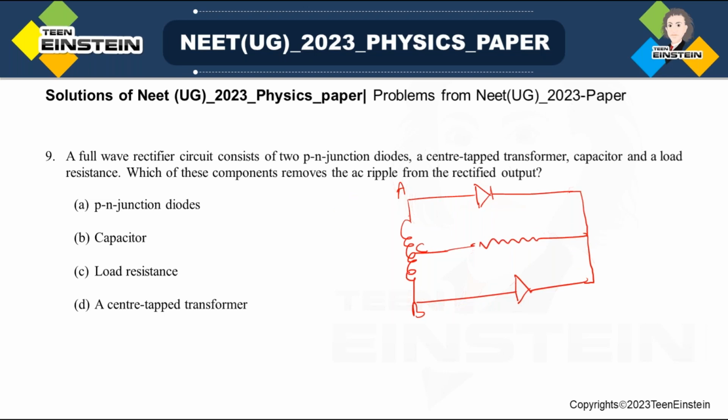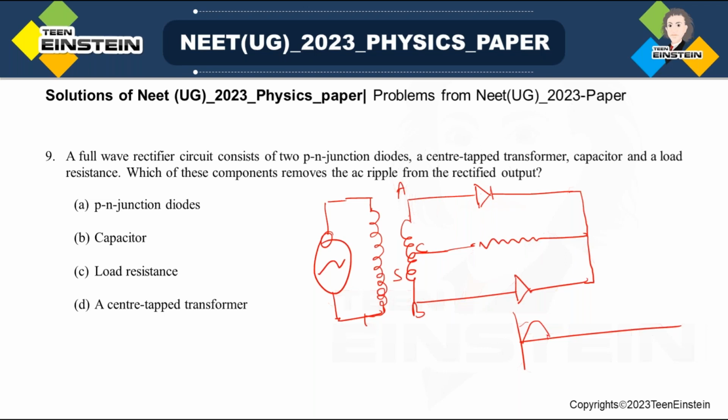Here this is the secondary coil of the transformer, and in this way there will be the primary coil of the transformer. So there are two diodes, and the full wave rectified output will be kind of this.